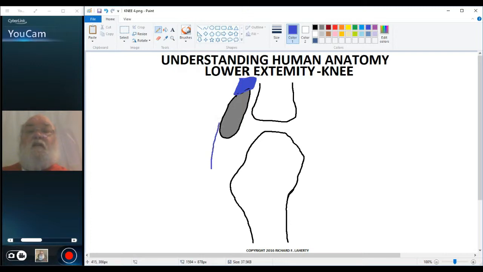And the patellar ligament. And we'll color that in.